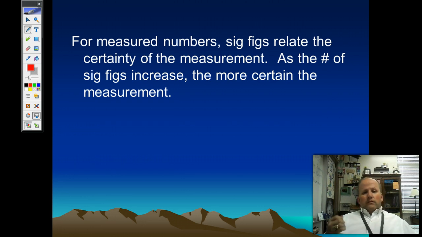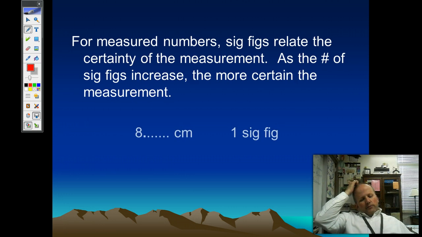So as the sig figs increase, the more certain we are about that measurement. Of course, what will determine that is how much money we are willing to pay to get that measurement. How badly do we need to know those digits?